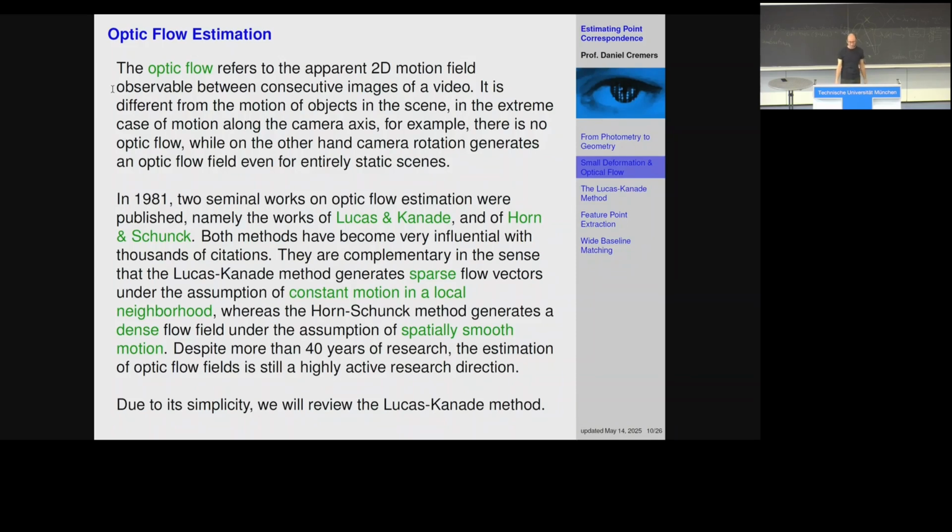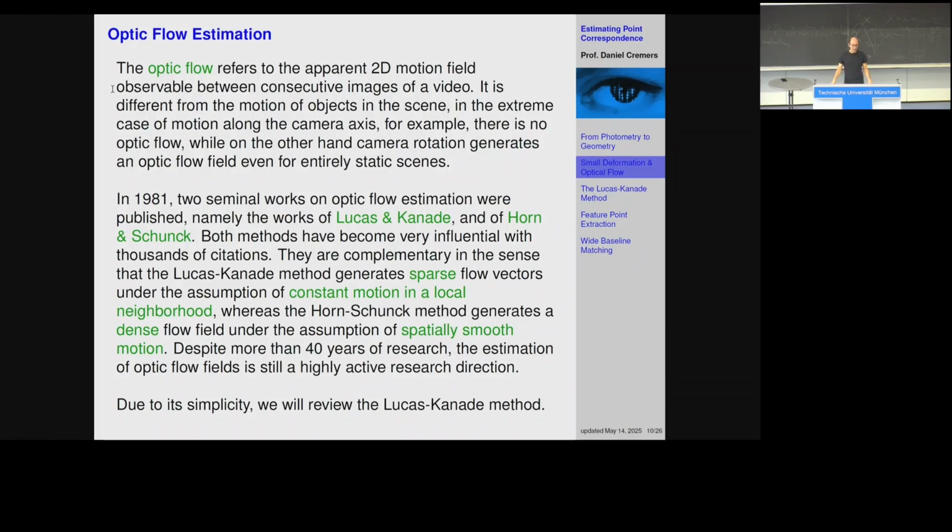This has been a long-standing problem, and this is an interesting aspect about the history of science, that very often there is a particular time when things suddenly evolve, right? There's been work before the 1980s. In the 70s, people studied this optical flow problem for many, many years.